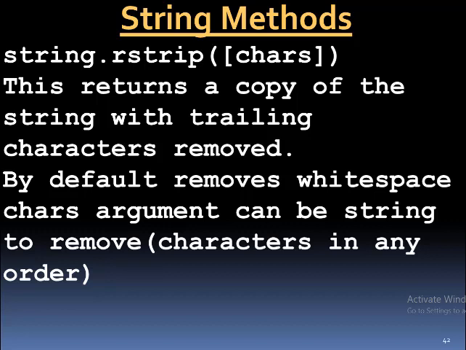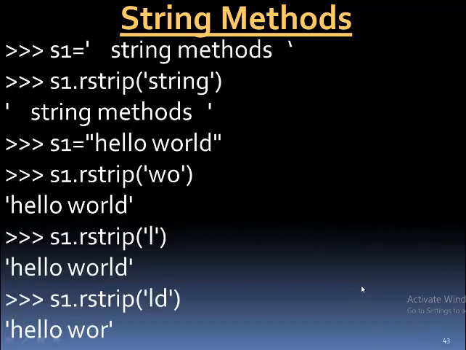Similarly, the next function is the rstrip function, and it removes the characters or combination of those characters which are given within parentheses from the right hand side of the string, that is the trailing part of the string, or from the end of the string. So these are examples.